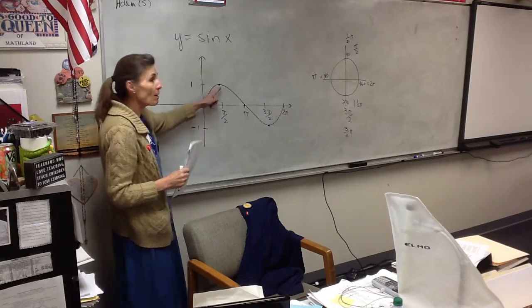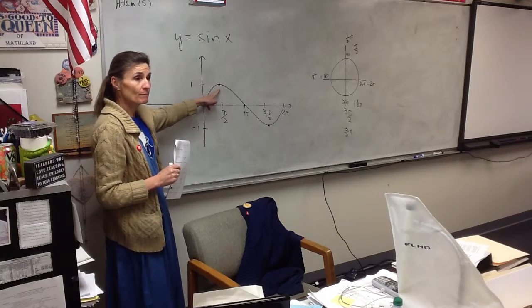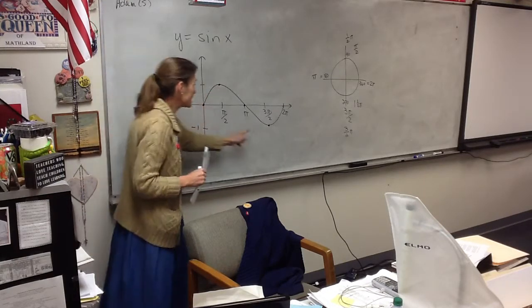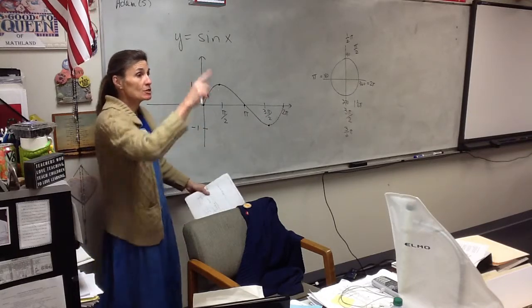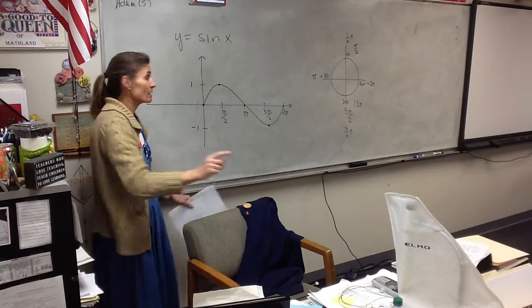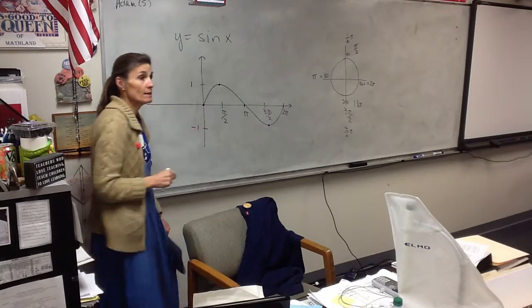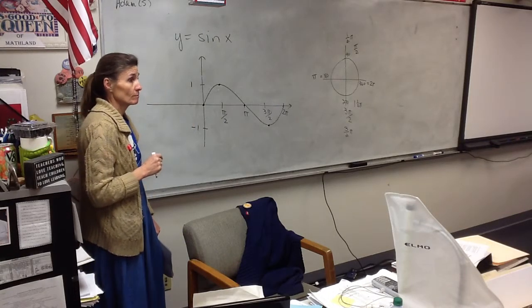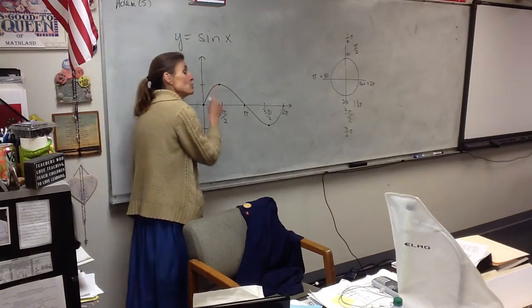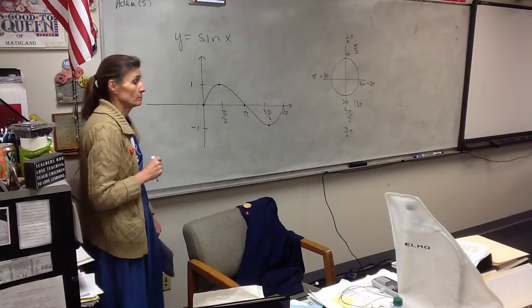Notice how high up does it go? 1. How far down does it go? -1. So it's like this wave that just oscillates back and forth between 1 and -1. That's your sine curve. You need to know that shape.